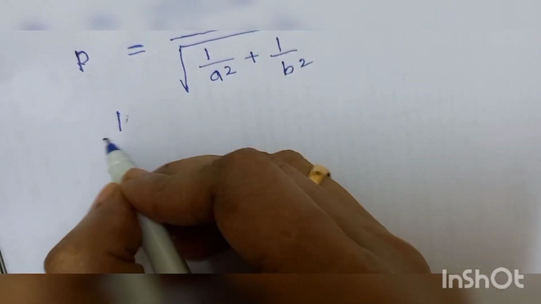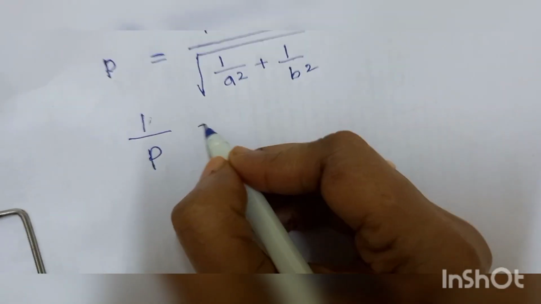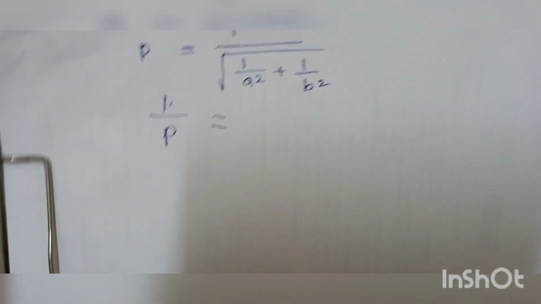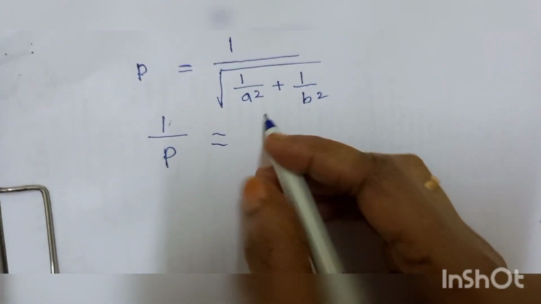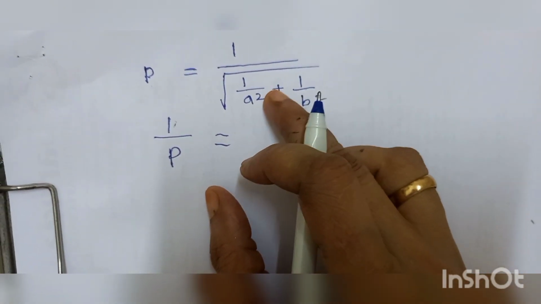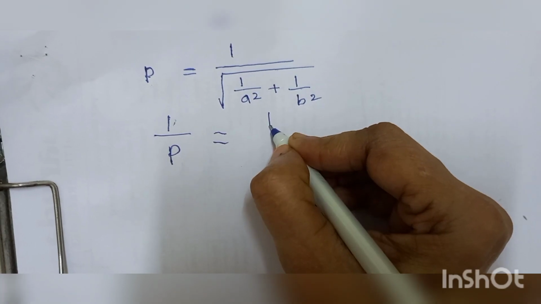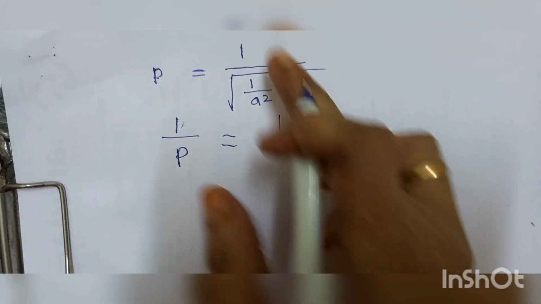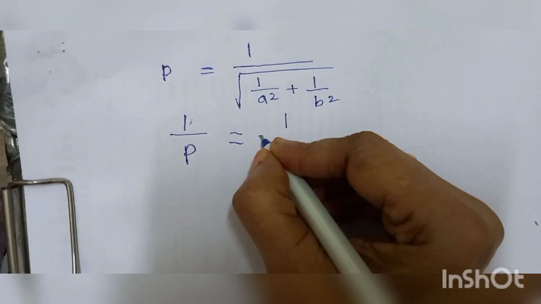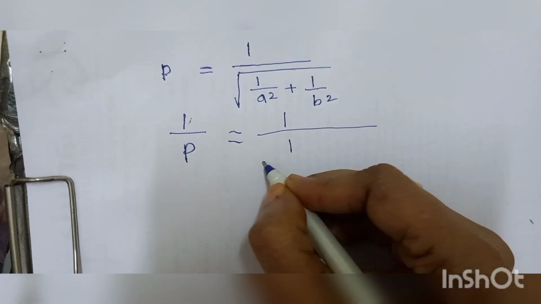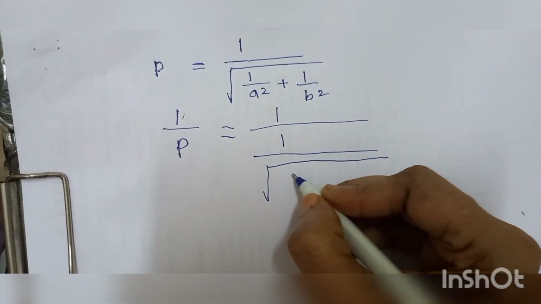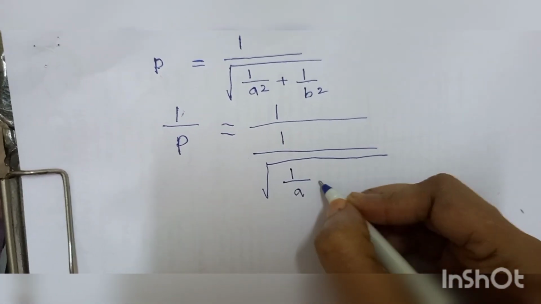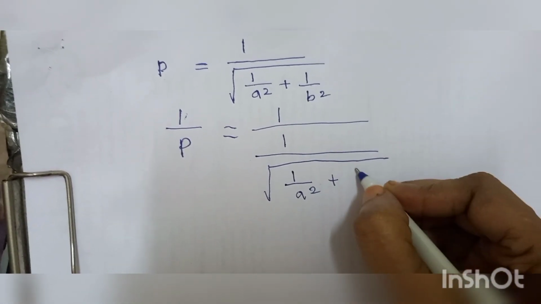Okay, now 1 by p we have to find. 1 by p is equal to the reciprocal of this. Reciprocal of this means 1 divided by under root of 1 by a square plus 1 by b square.